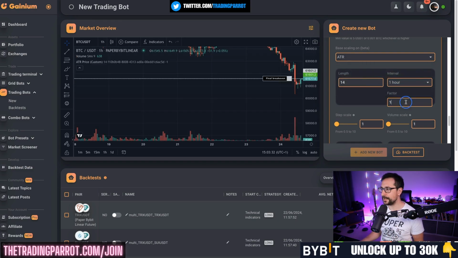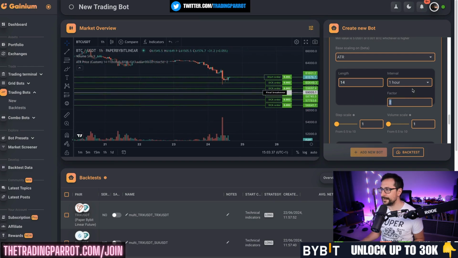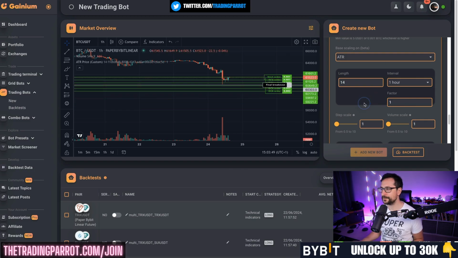And if we zoom out, you're going to see that depending on what sort of ATR I use here, my orders are elastically going to be adapting to that deviation. And this is great because if you have a bot composed of multiple coins, once you define your deviation based on the volatility of the asset, every single coin is going to have something that automatically expands or contracts based on the volatility of the asset.